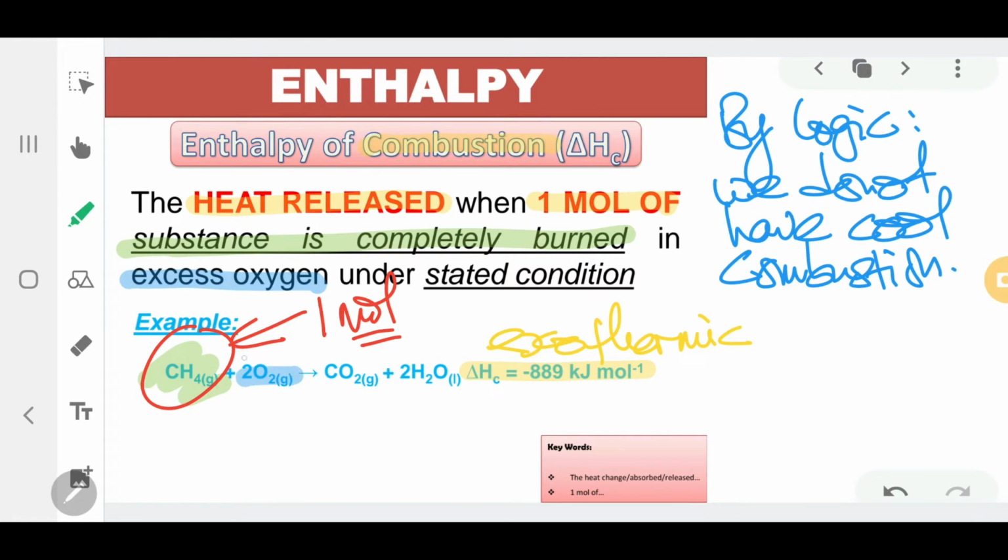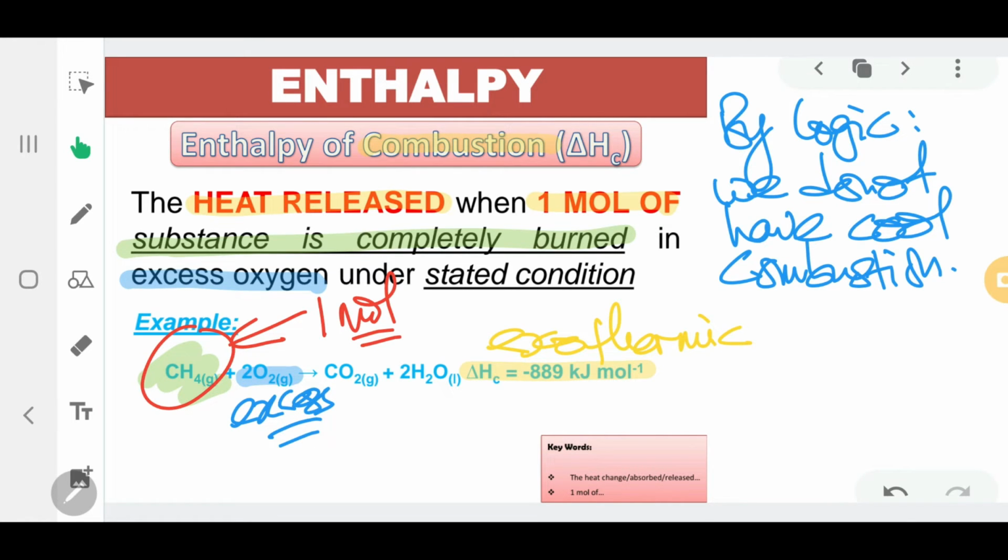The oxygen will be in excess, and you're going to make carbon dioxide and water steam when you burn this. So for the enthalpy of combustion, heat is released, and 1 mole of substance is completely burned in excess oxygen.